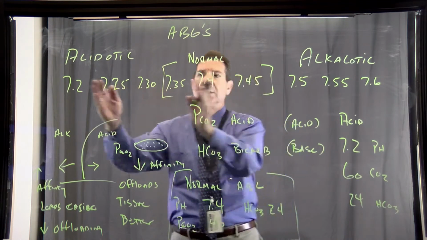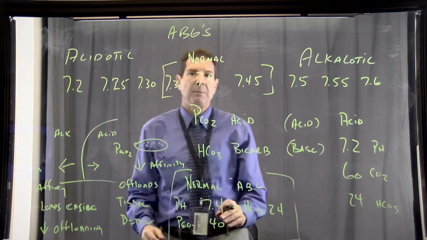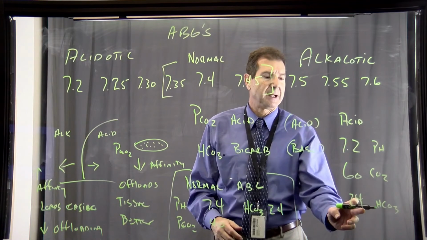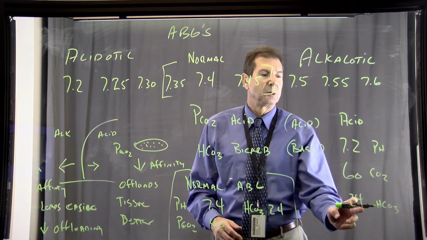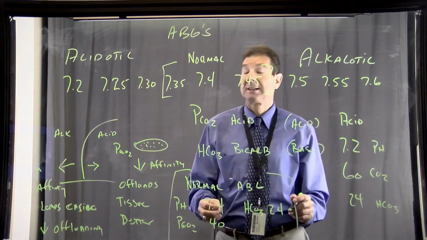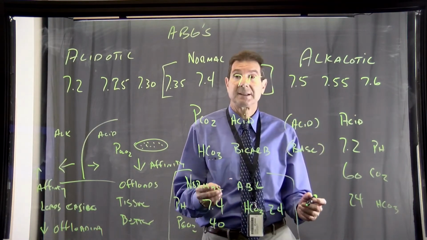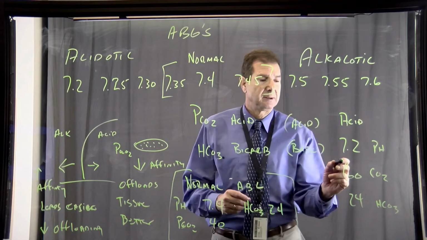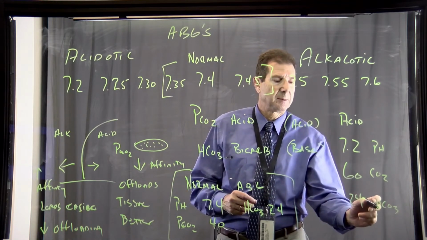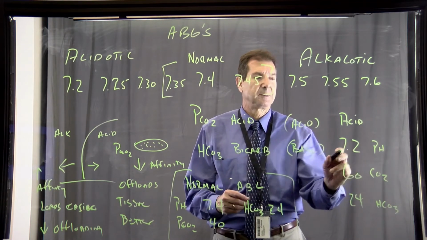It's gone to the acidotic side, and the body is going to try to hold on to bicarb to bring this pH back into normal range. But it takes between 48 and 72 hours for the body to hold on to bicarb in order to balance out this CO2 and bring this pH back.